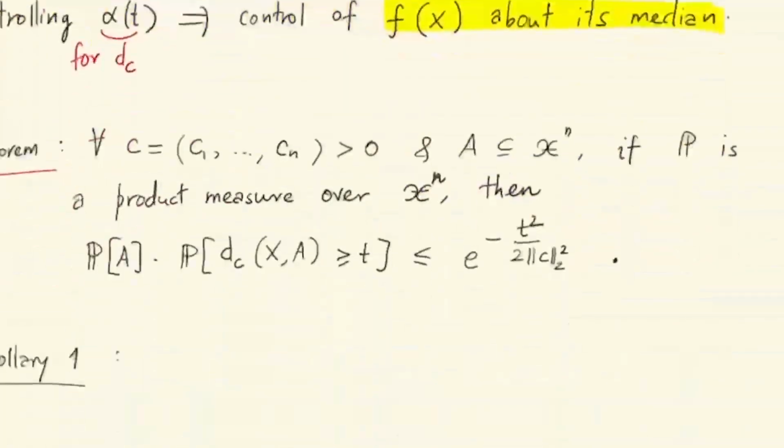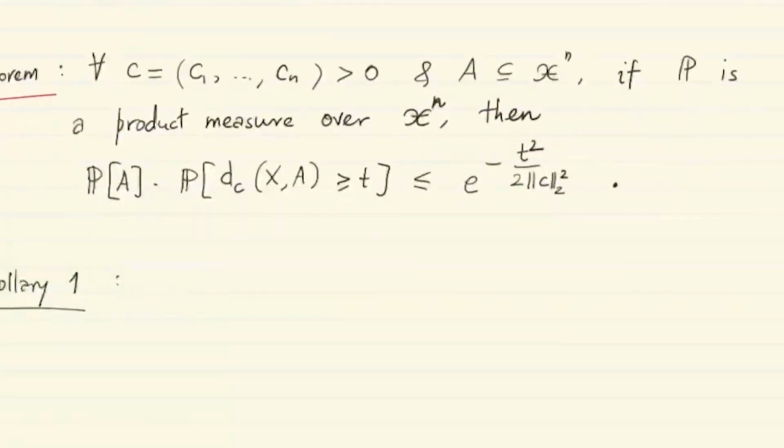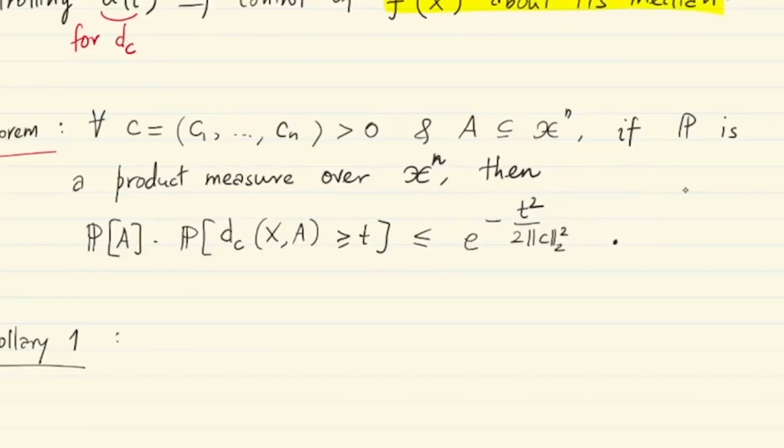So here's a representative result in this direction. It says that given a vector of bounded difference coefficients c_1 through c_n and any set A, a subset of X^n, this metric probability space endowed with a product measure. So we assume that x_1 through x_n are independent random variables, not necessarily identically distributed.